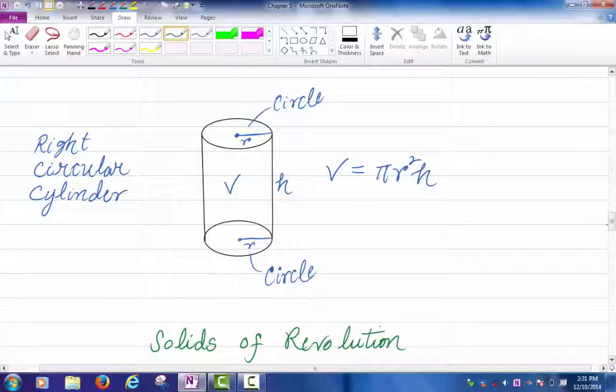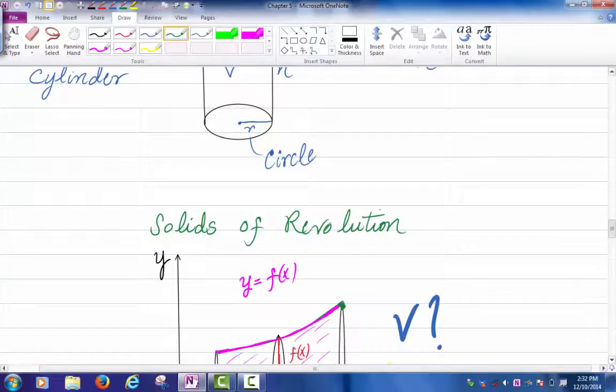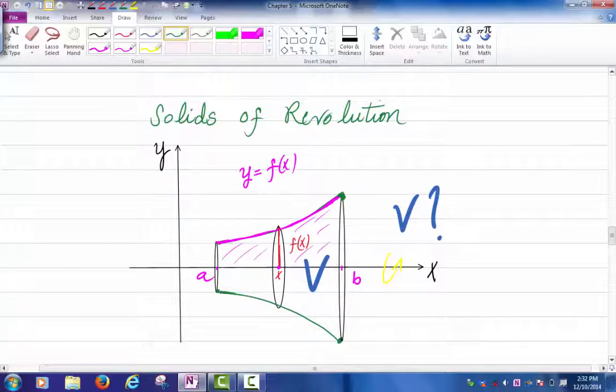Am I clear? Now I want to look at solids of revolution. When I say revolution, you should think of the word revolving, not the political revolution or something. So solids of revolution. What is that?